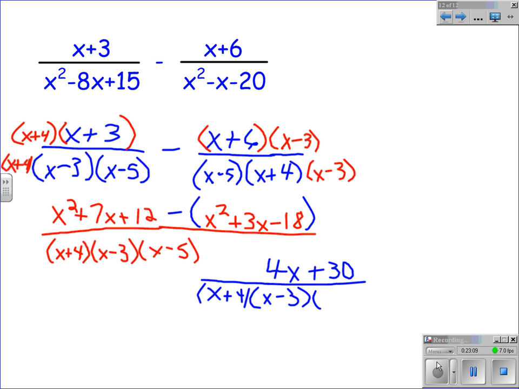There you go. Now, if you were to factor 4x plus 30, it'd factor into what, please? If you were to factor that, AJ? 2 times the quantity, 2x plus 15. Does that help you in canceling at all? No, then don't worry about factoring it. Done.